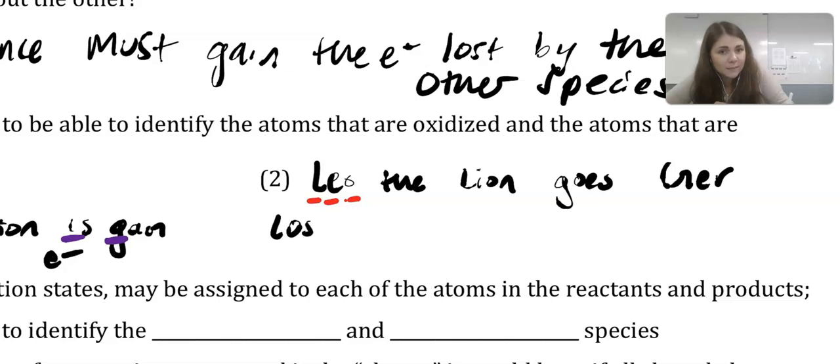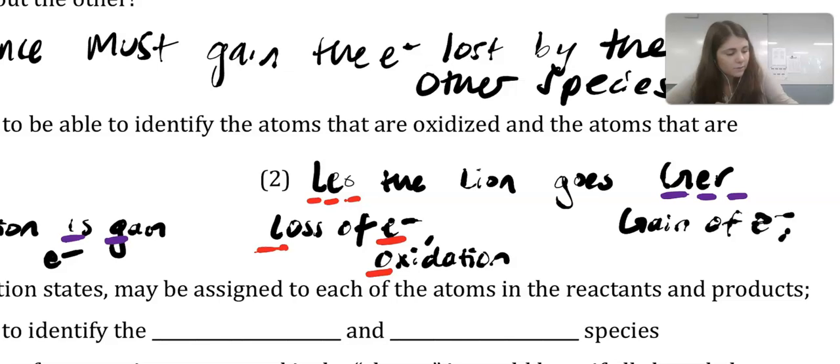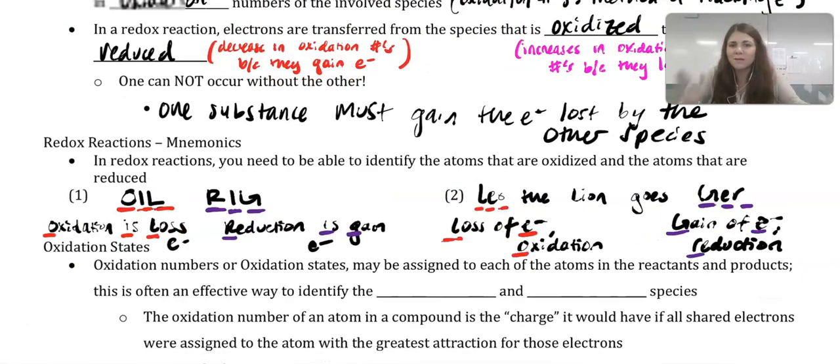In LEO, it means loss of electrons, oxidation, while the GER part means gain of electrons, reduction. Sorry, my pen is being a little wonky. So here, LEO the lion goes GER. Again, use whatever you would like. OIL RIG tends to be the fan favorite, but LEO the lion goes GER definitely works as well.